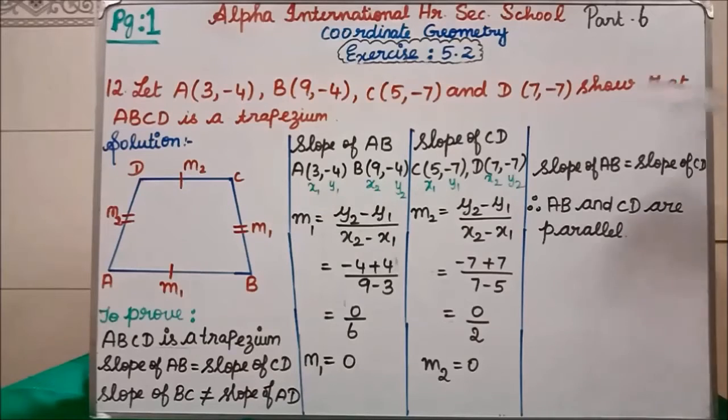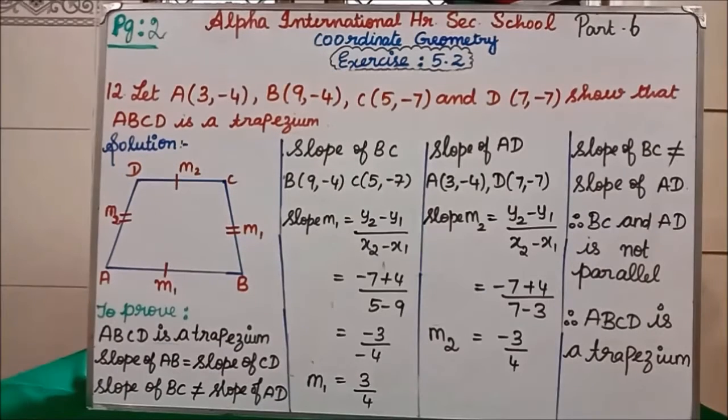Now this is page number 1 of 12th question. Now the remaining I will see in page number 2. In 12th question, this is page number 2. See, so far we have found slope of AB and slope of CD. For both the sides we have got the same answer, 0 is equal to 0.